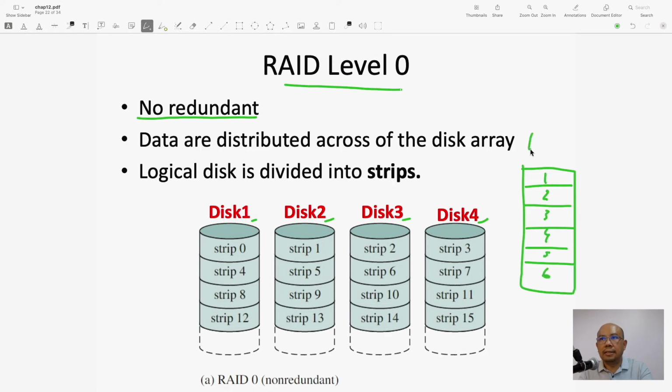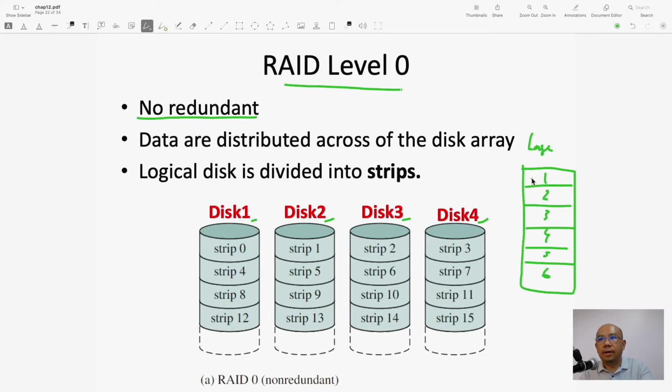This is very large data. I have 6 parts of the data, and I write all of this data to RAID 0. RAID 0 will split my work to write to each hard drive.